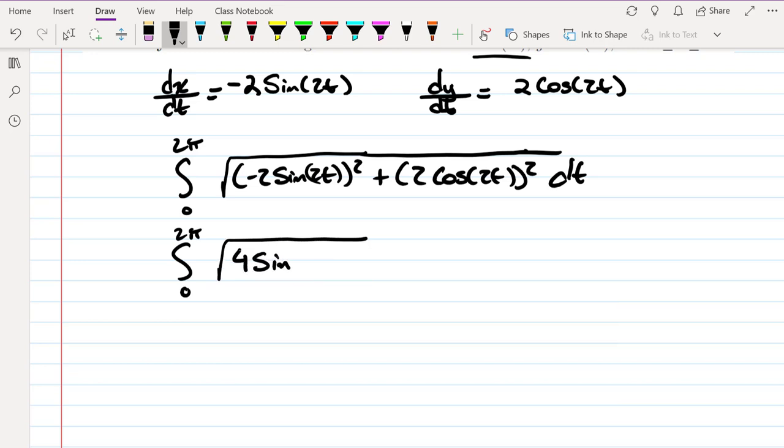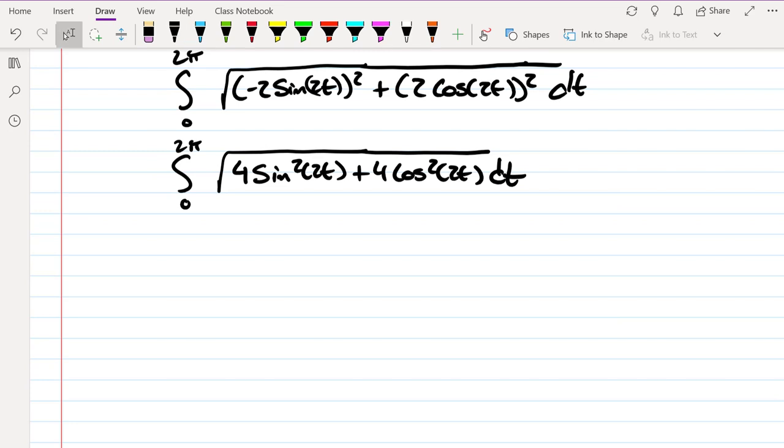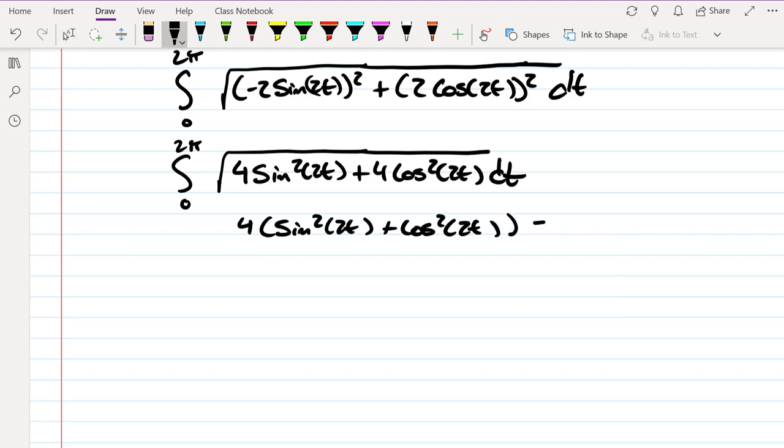So we get 4 sine squared 2t plus 4 cosine squared 2t dt. And if we factor out our 4 and use the Pythagorean identity, we have 4 times sine squared 2t plus cosine squared 2t. And sine squared plus cosine squared is still 1, so this is equal to 4.